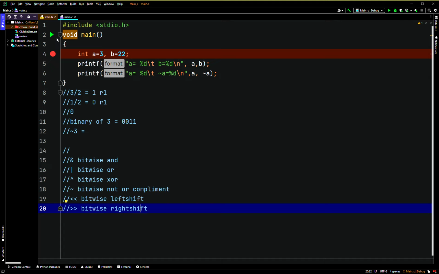So I believe the formula is negative n plus 1. So we negate whatever n plus 1 is.